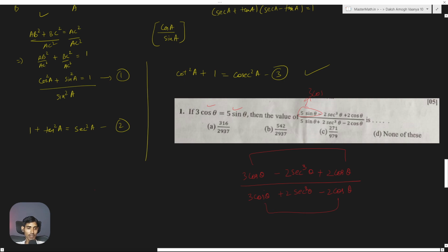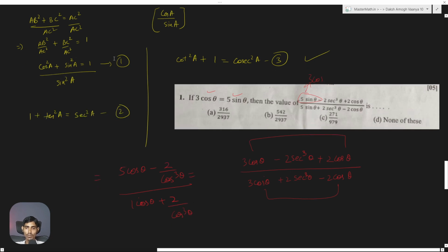This is 5, this is 1, and I would convert this secant cube also to cos. So let's see. 5 cos theta minus 2 by cos cube theta, and this is 1 cos theta plus 2 by cos cube theta. I'm taking the LCM.